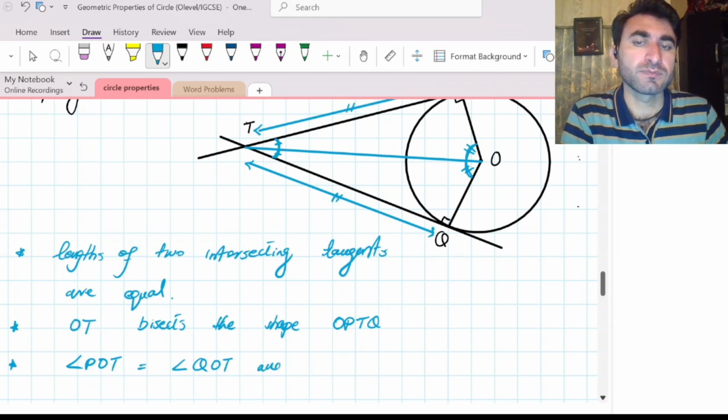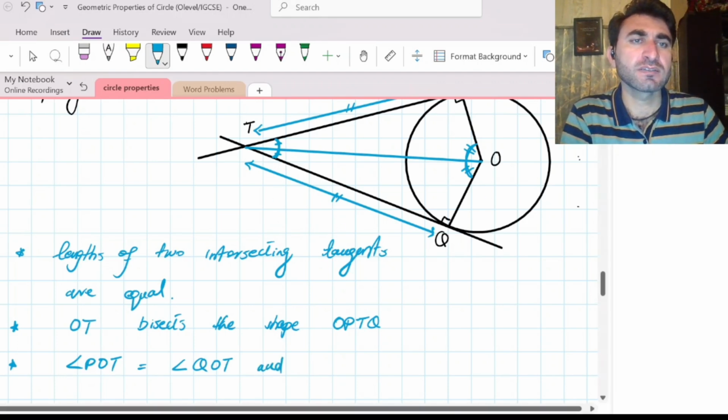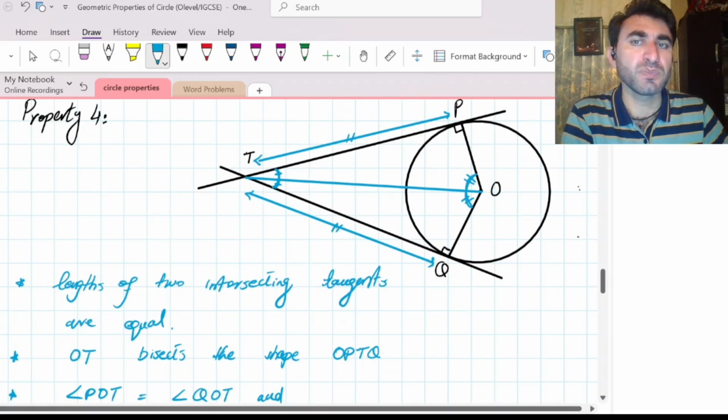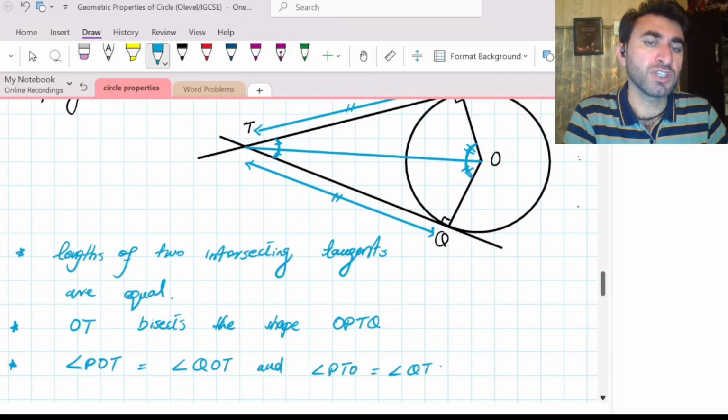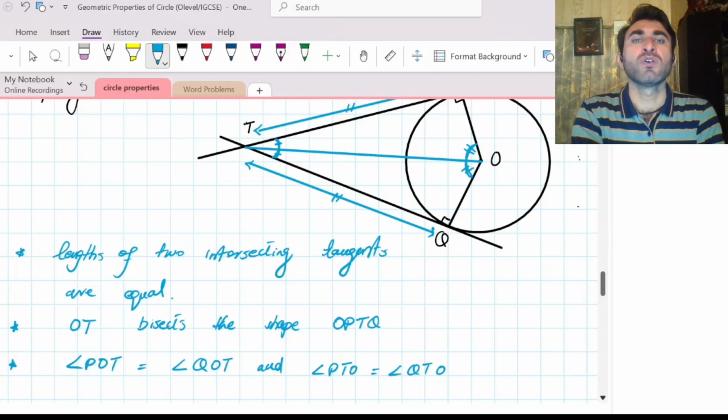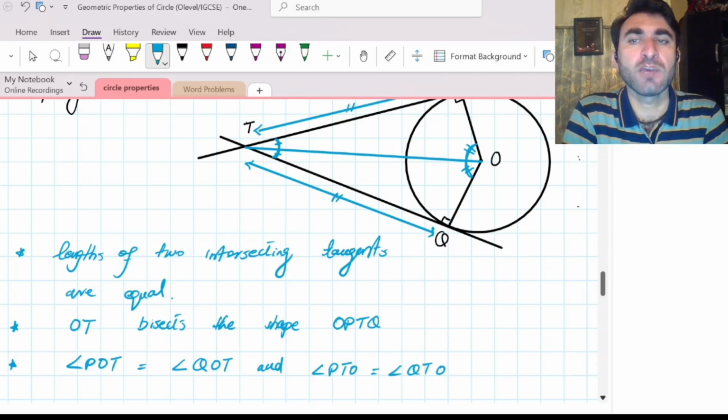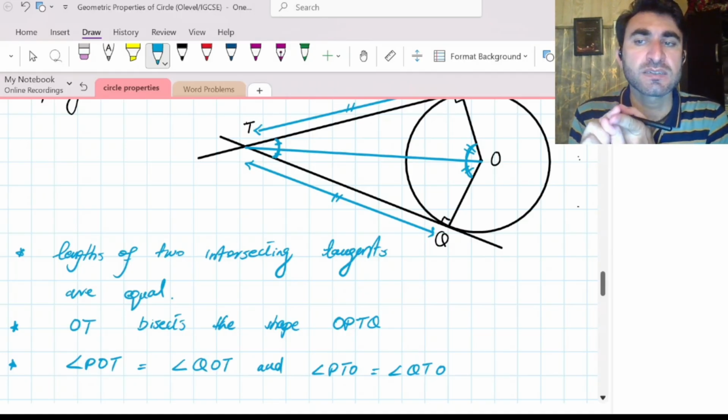This angle can be named PTO and QTO, so angle PTO equals angle QTO. So that was the fourth property, which is really important: the lengths of two intersecting tangents are equal.